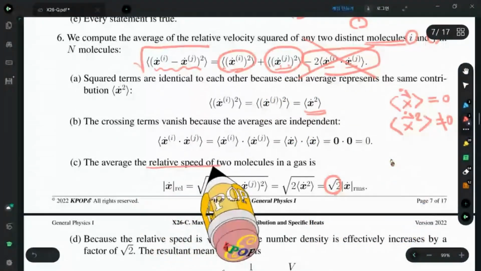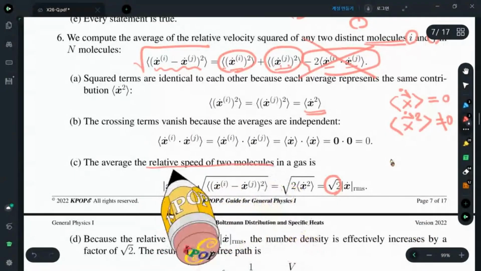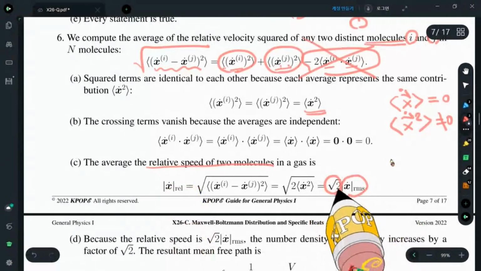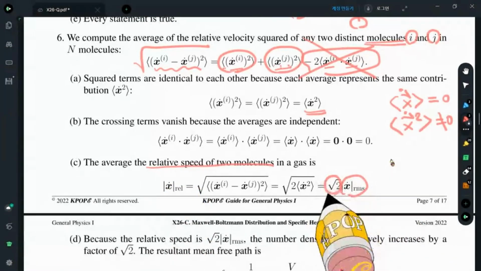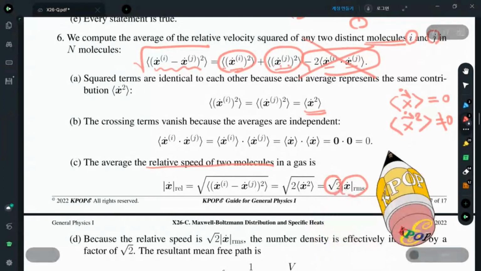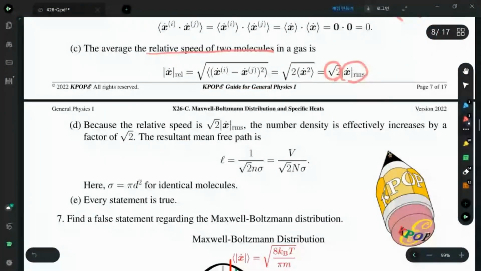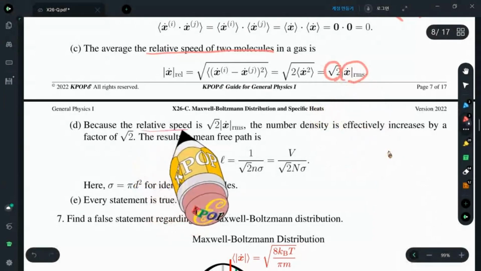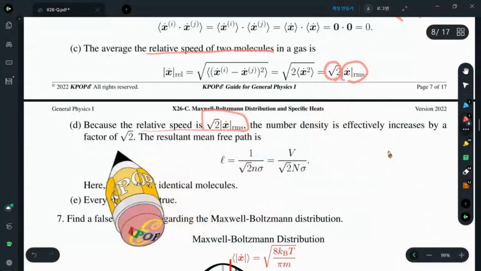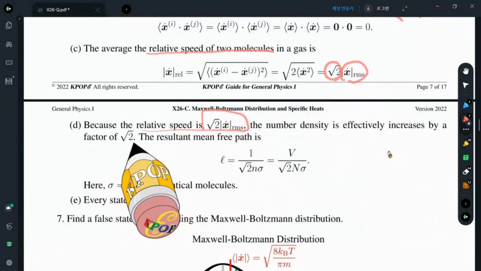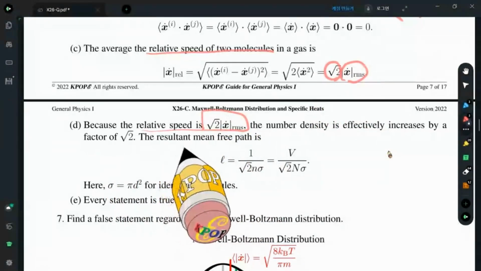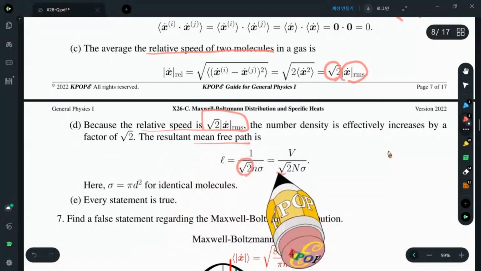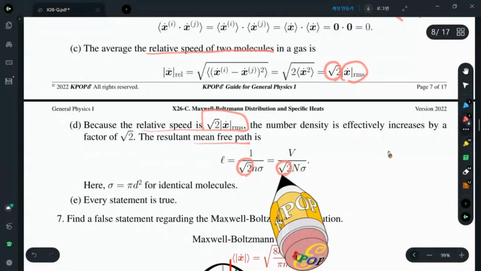So the relative speed of two molecules is exactly the same as the single molecule case, except for a proportional factor, square root of 2. Because of this square root of 2, the relative speed is increased by a factor of square root of 2, and the mean free path is decreased by square root of 2.